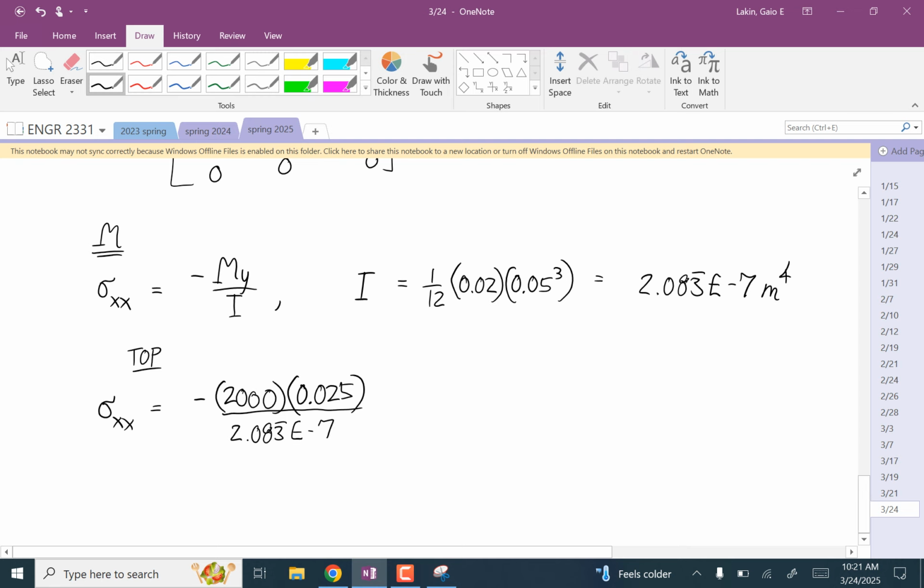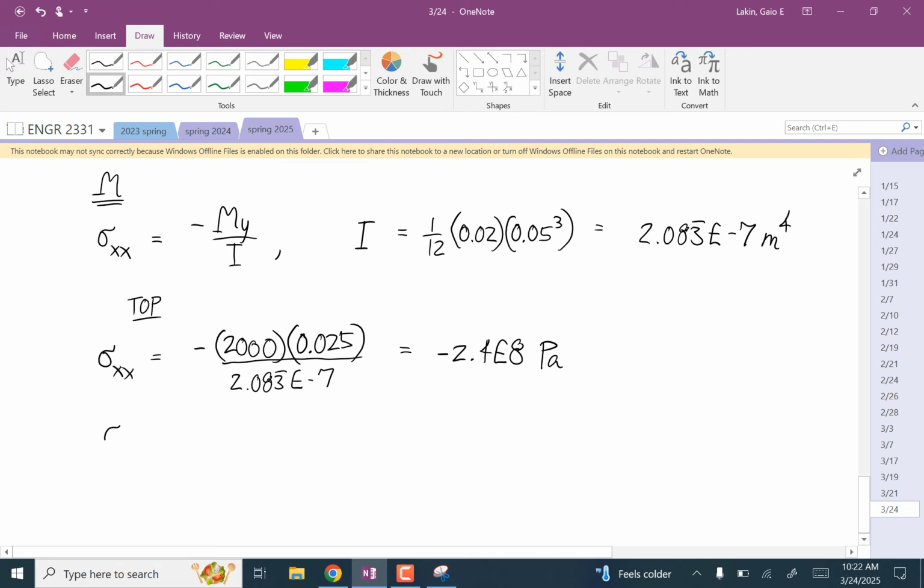This is going to be an absolutely ginormous stress that is going to rip this thing to shreds, I think. Shreds, you say. Yeah, 2.4 times 10 to the 8. And it's negative.